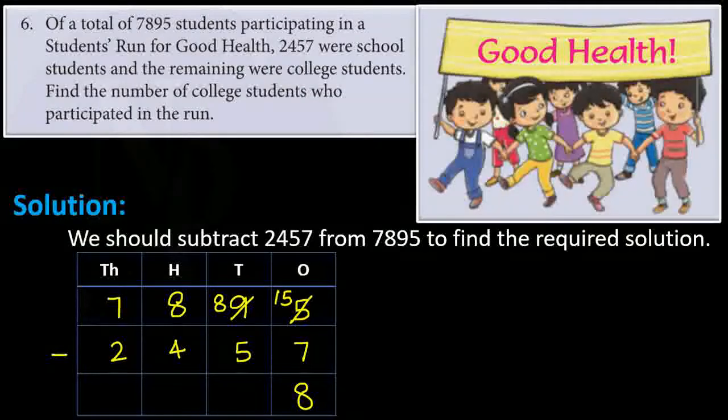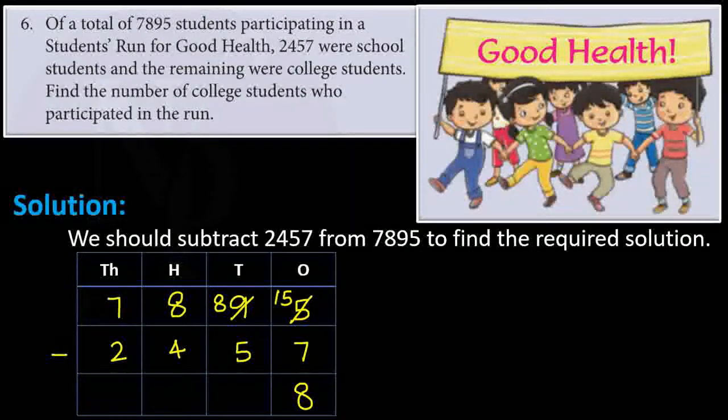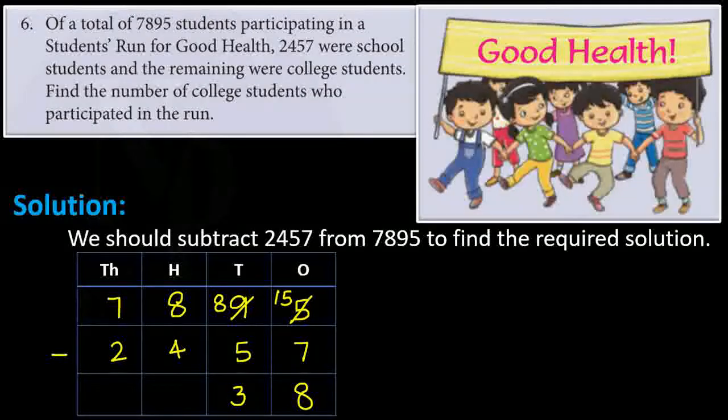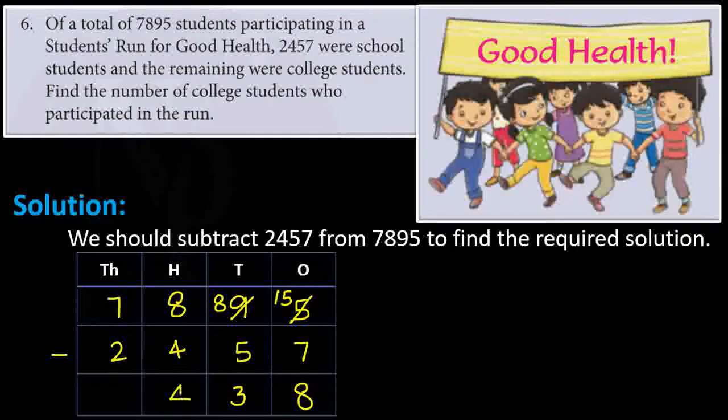And subtracting 5 tens from 8 tens, we get 3 tens. And when we subtract 4 hundreds from 8 hundreds, we get 4 hundreds. And in the thousands place, we subtract 2 thousands from 7 thousands, we get 5 thousands.